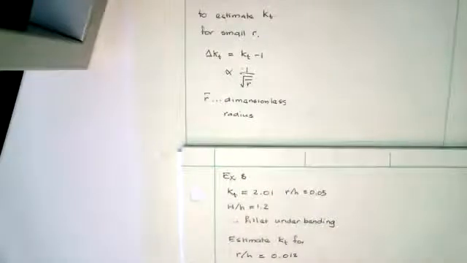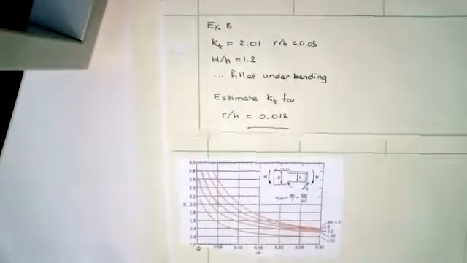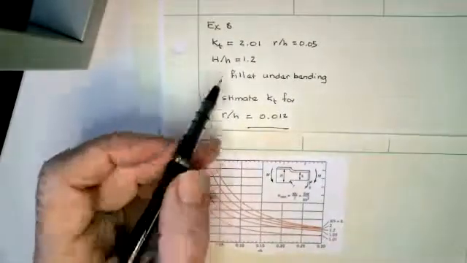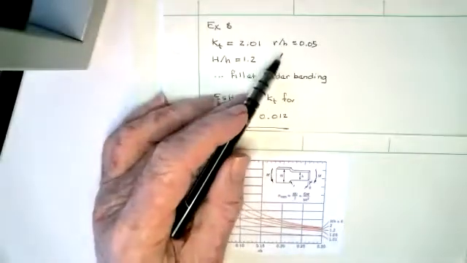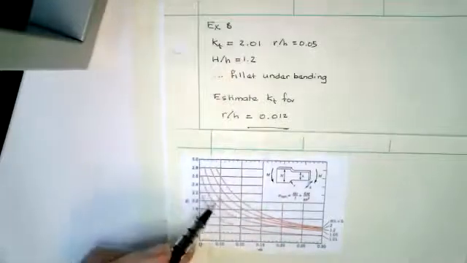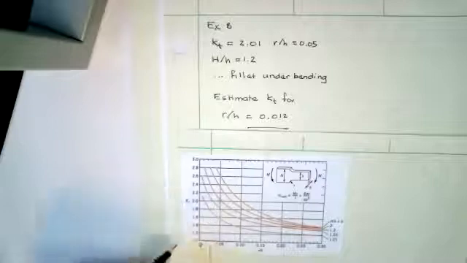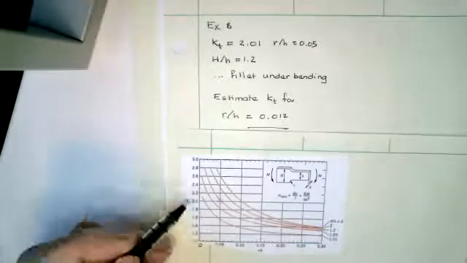So that's the problem. Here's the appropriate graph from the book. We're going to say R upon H is 0.05. H upon h is 1.2, that's this line. And so we get this value here, which I've estimated is 2.01. Then we're going to try and estimate the value when you get to 0.12.